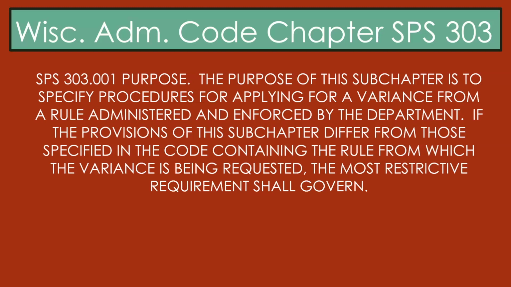The purpose of this entire chapter is to specify the procedures for applying for a variance for a rule administered and enforced by the department, so the DSPS codes. If there's something in a subchapter, so if there's something in 383 that is more restrictive regarding variances, then that restrictive requirement shall govern. So 383 has a little bit about variances, and that would also apply aside from what is required in 303.